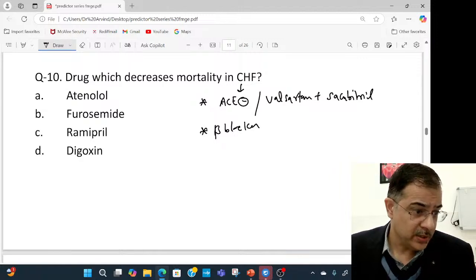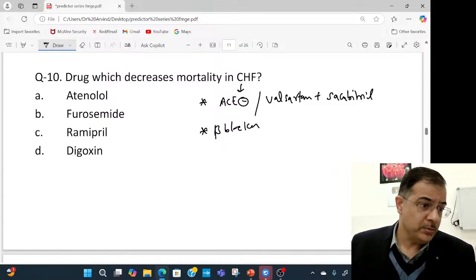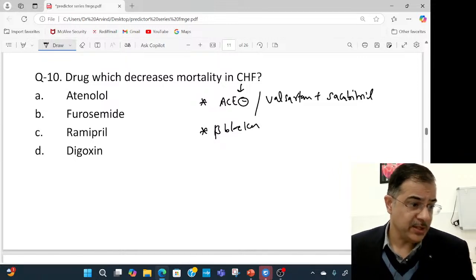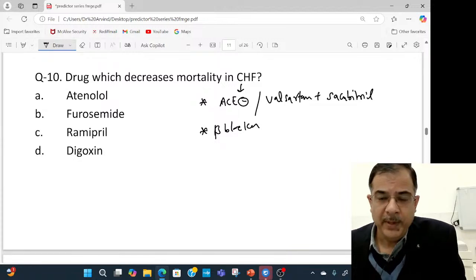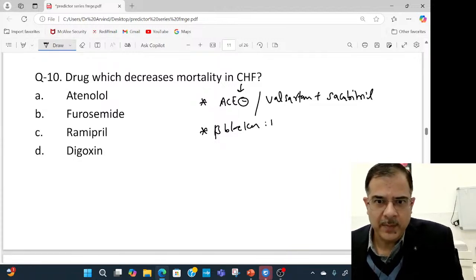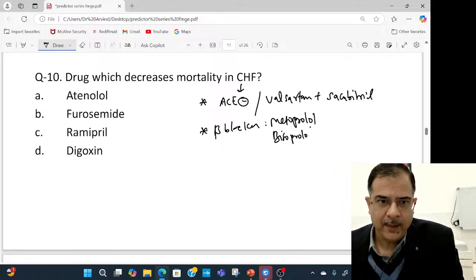Most common lesion in RHD, MS plus MR or MR? Most common lesion in RHD is MS. Okay. So for beta blockers, only three are approved: metoprolol, bisoprolol, carvedilol.